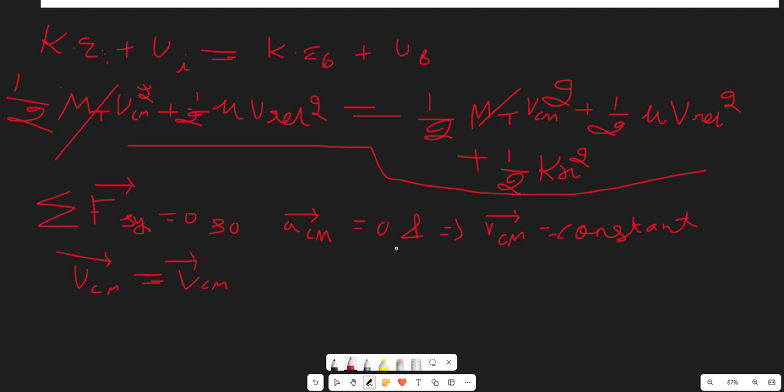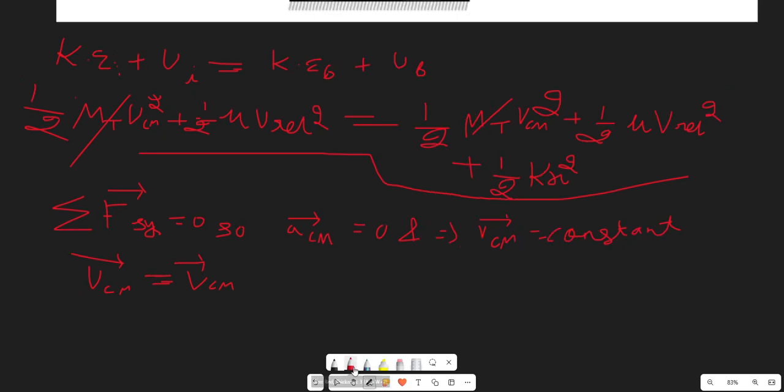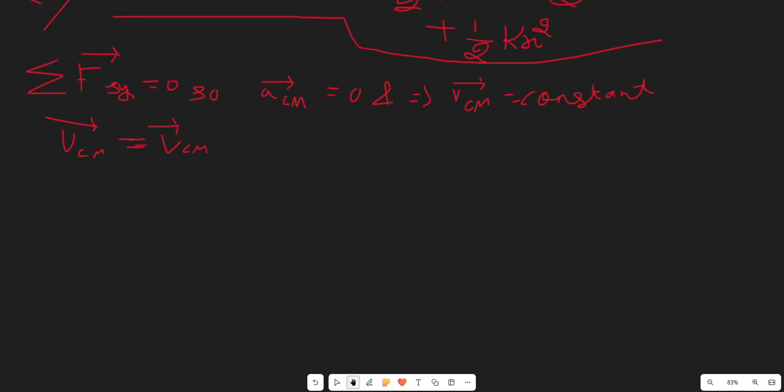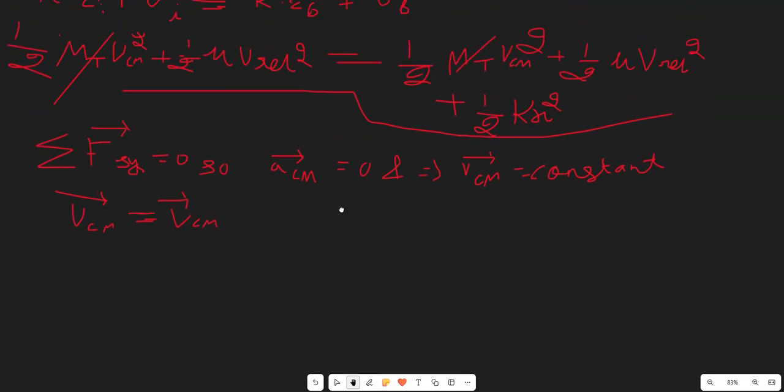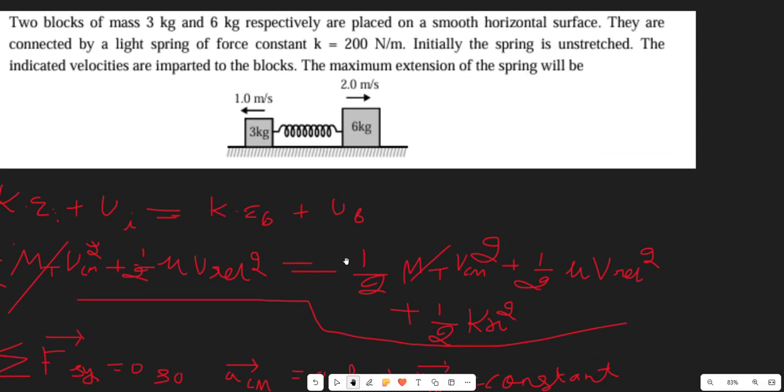Now the spring will be at its maximum extension when the velocity of both blocks relative to each other is zero. Let's understand this. Firstly, this block will be more compressed because the momentum of this block is more, which is 6 into 2, 12, and this is 3.